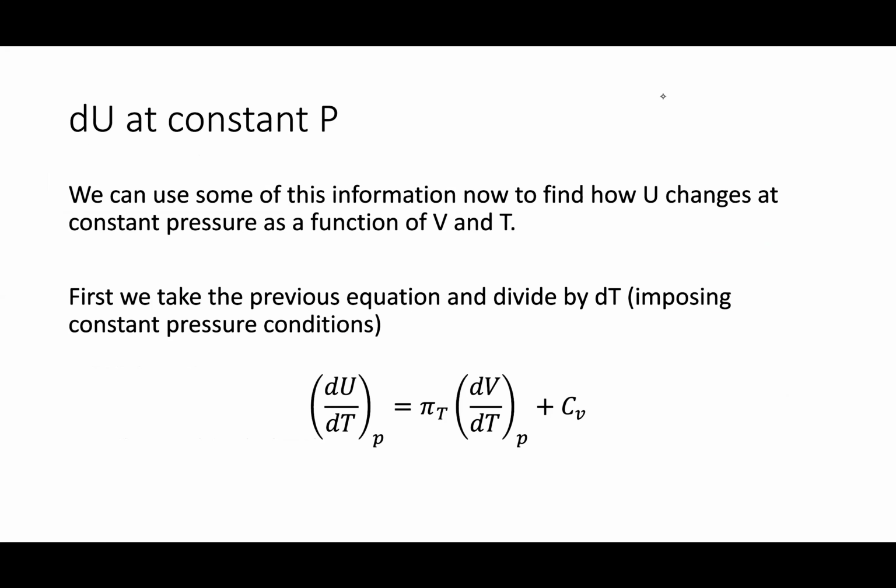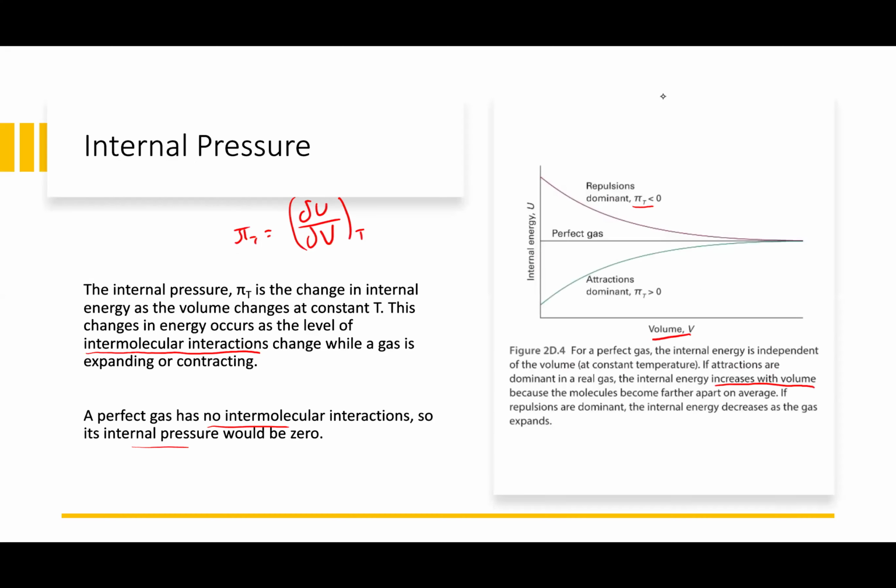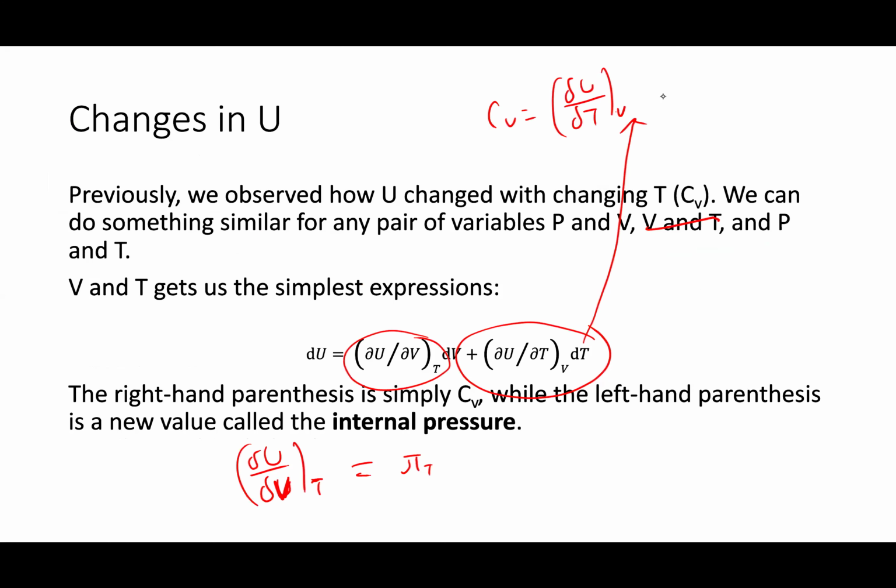Let's do the little bits. So we see how U changes at constant pressure as a function of V and T. dU at constant pressure is a little bit different than what we had before, because this was constant temperature, this was constant volume.